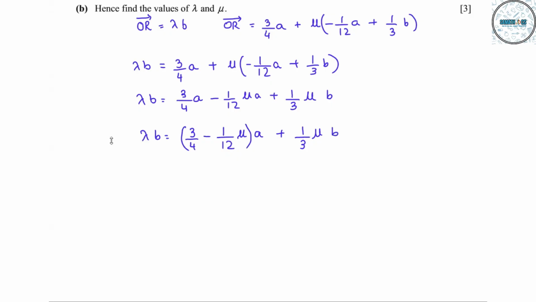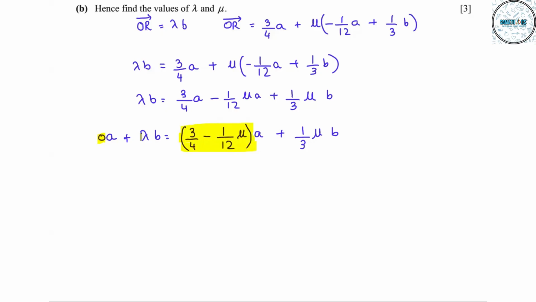We can see here there is no term in a, so we can write that as 0a, a with coefficient 0. Now, we can equate the coefficient of a here, 0, and the coefficient of a here, which is 3 upon 4 minus 1 upon 12 mu.